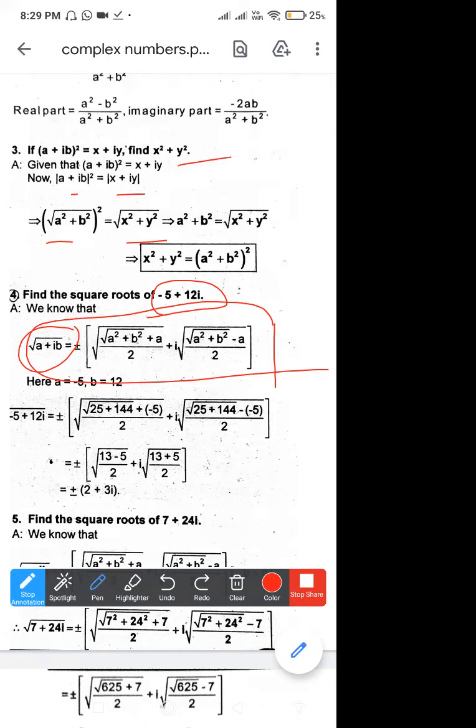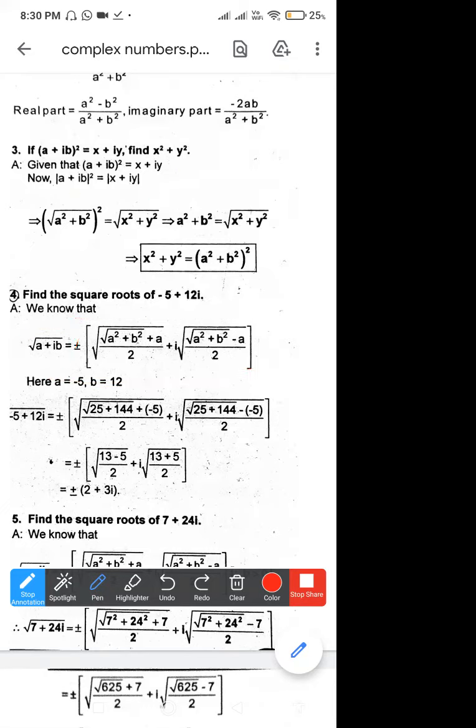Plus or minus root of root of a square plus b square plus a by 2 plus i into root of root of a square plus b square minus a by 2. Apply the formula. Here we know the value a is minus 5 and b is 12. Substitute in the formula and simplify. After simplifying, we'll get this answer.